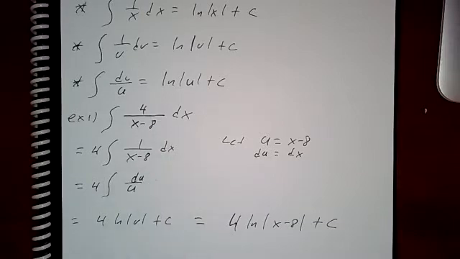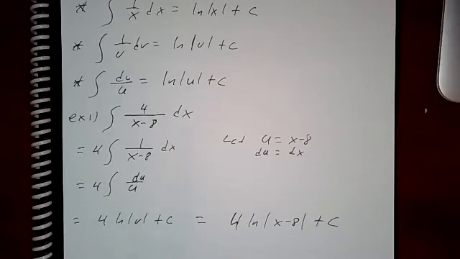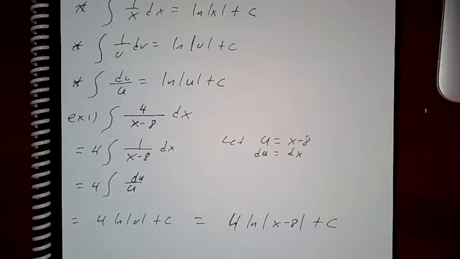Right, the u. I see. And then you just use your formula at that point. And then once you've done that, replace the u with what it's supposed to be, because u is just a dummy variable. We need to have it in x. So u will always be the denominator, right?